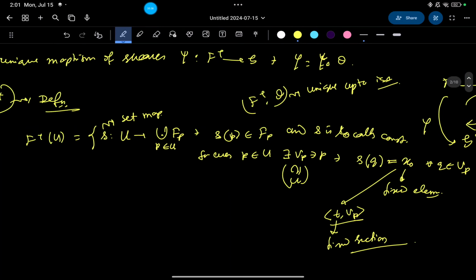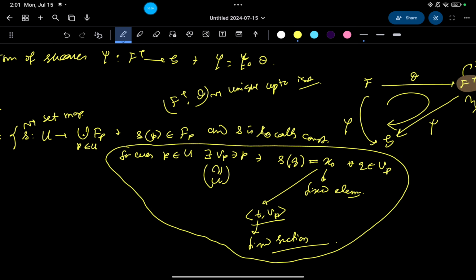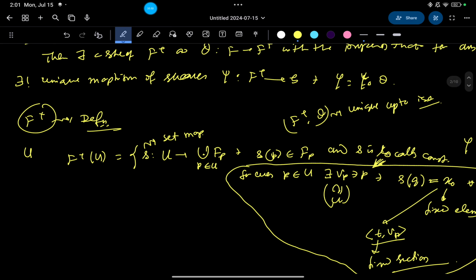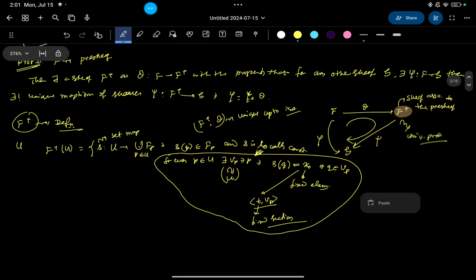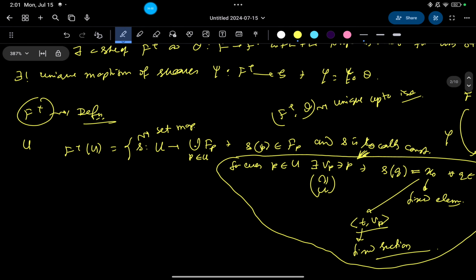Okay, so this is how I can define it. So this one is actually an amplification of this. Right. So this is how we can define it: once you have a presheaf and you get a sheaf from that presheaf, you are just considering the sections as some set maps, which are locally constant maps.